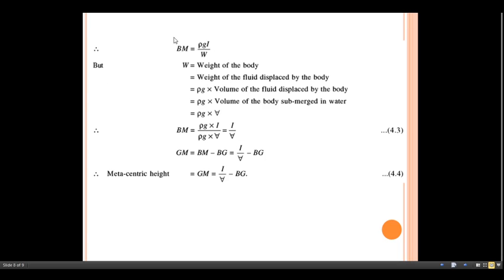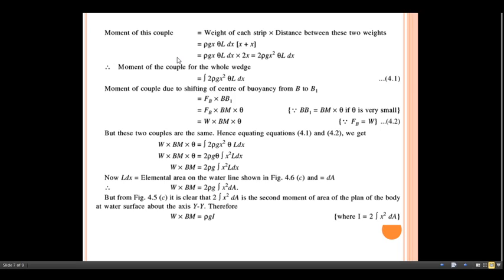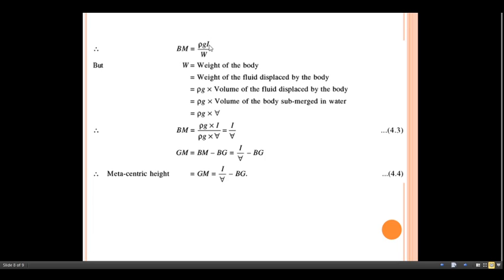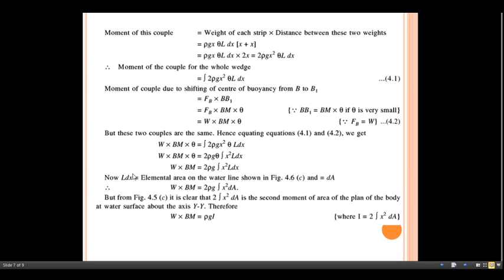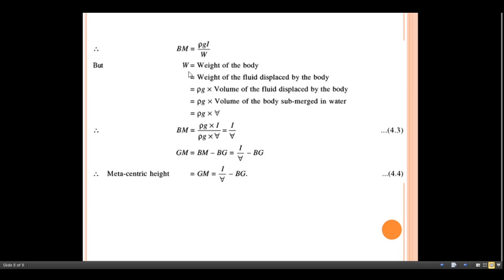After that, from the previous step, BM is rho g I divided by W. This term goes in the denominator. W is nothing but the weight of the body, which equals the weight of the fluid displaced by the body.